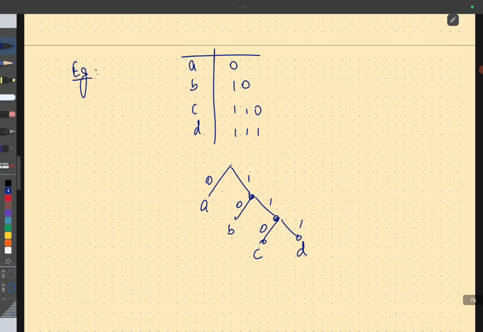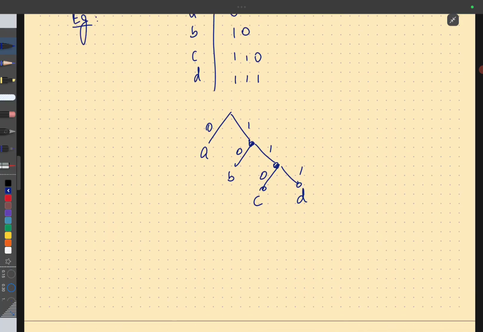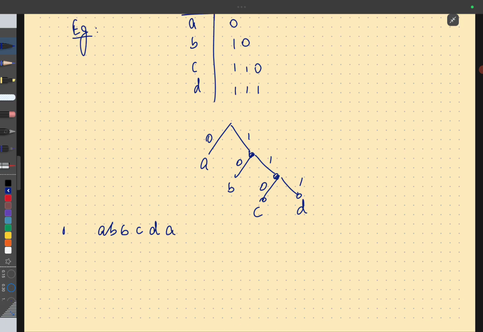All right. So for example, let's just take some sequence, say A, B, B, C, D, A. What is the encoding? 0, 10, 10, 110, 111, 0.